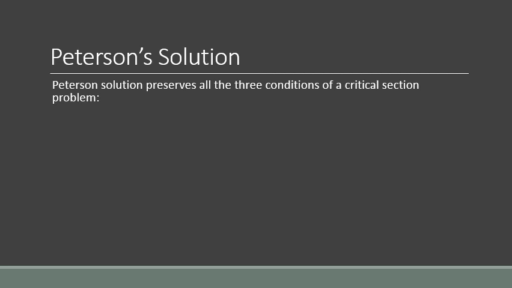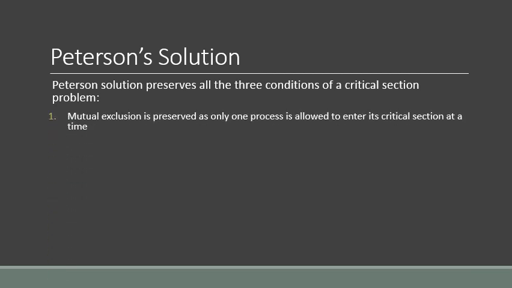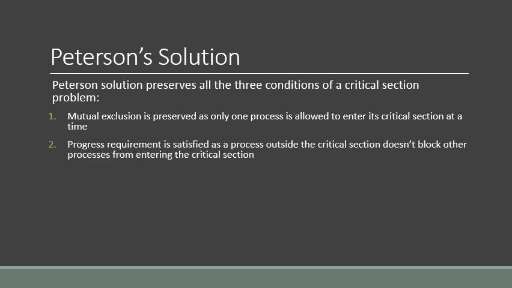Peterson's solution preserves all three conditions of the critical section problem. Mutual exclusion is preserved as only one process is allowed to enter its critical section at a time. Progress requirement is also satisfied because a process outside the critical section doesn't block other processes from entering the critical section.